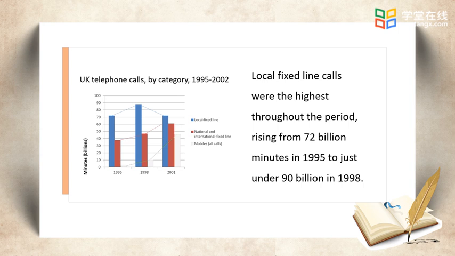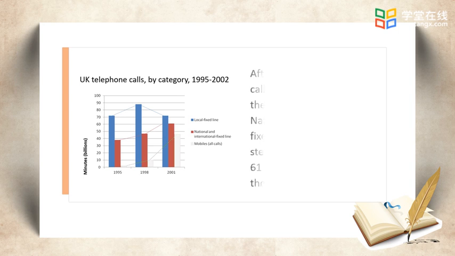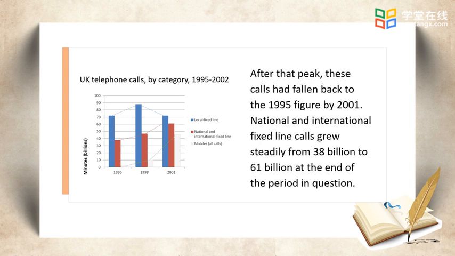1995 to just under 90 billion in 1998. After that peak, these calls had fallen back to the 1995 figure by 2001. National and international fixed line calls grew steadily from 38 billion to 61 billion at the end of the period in question.